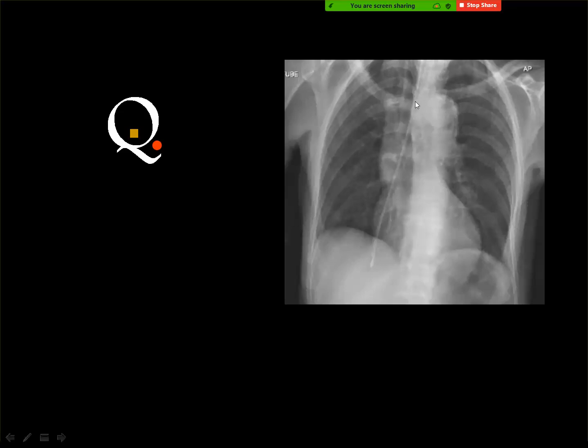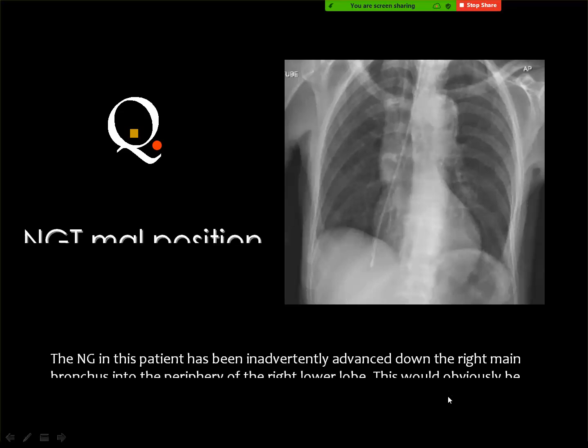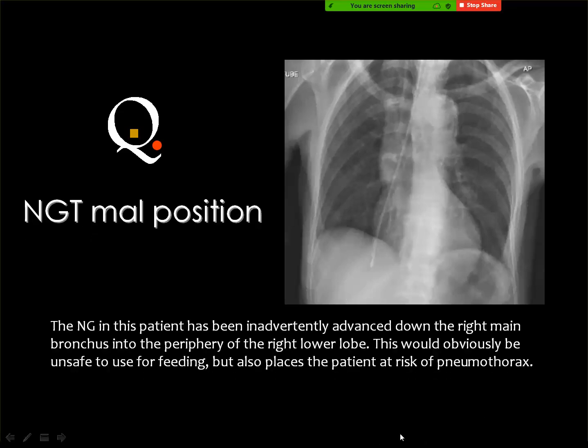No, it's the nasogastric tube. Where? In the trachea, I think. Yes, into the lung, in the bronchus. It has been pushed through the trachea to the right main bronchus to the base of the right lung, and this is nasogastric tube malposition.